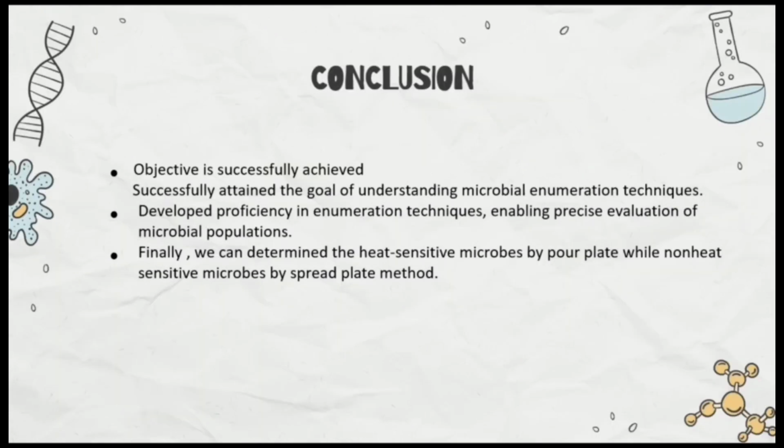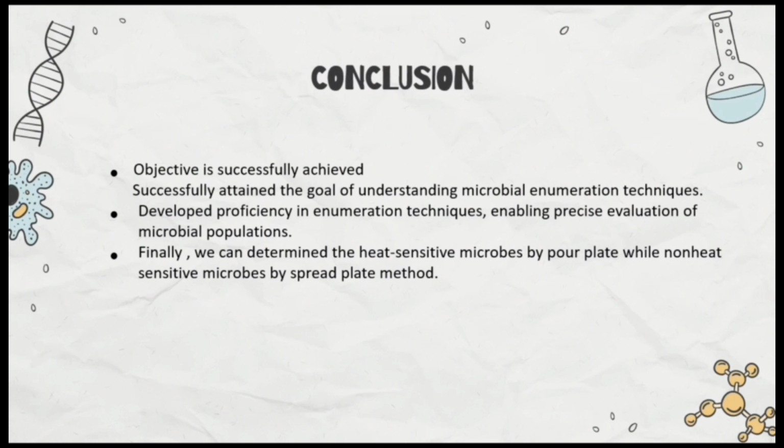In summary, the goal of understanding the technique of enumeration to determine the quantity of microorganisms present in a sample has been accomplished. A solid understanding of microbial quantification has been established by means of the investigation and application of diverse enumeration techniques, including the spread plate method and pour plate method.